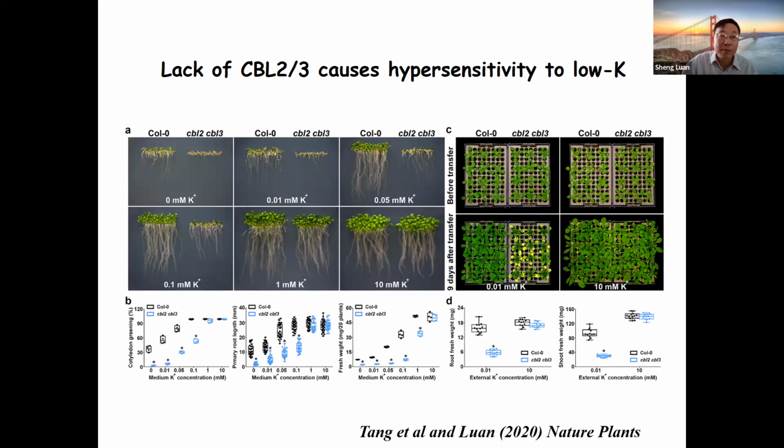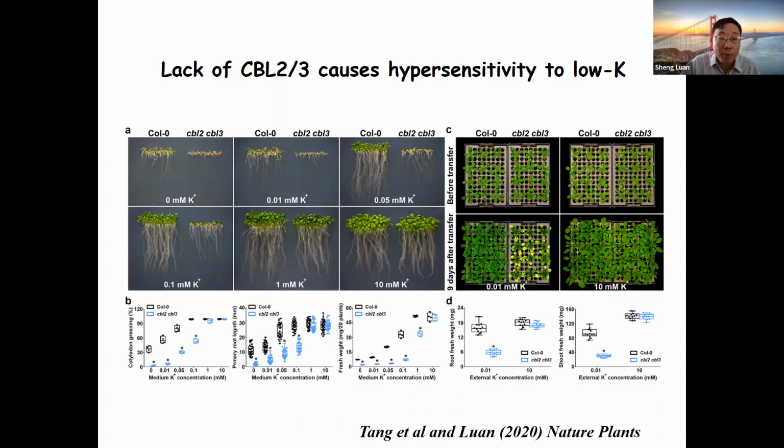That's exactly what happened. Wild-type can germinate and grow root and seedling, not too much problem. But the mutant really can't do much. It really suffered.